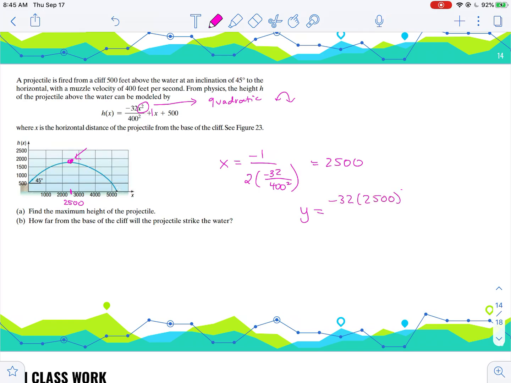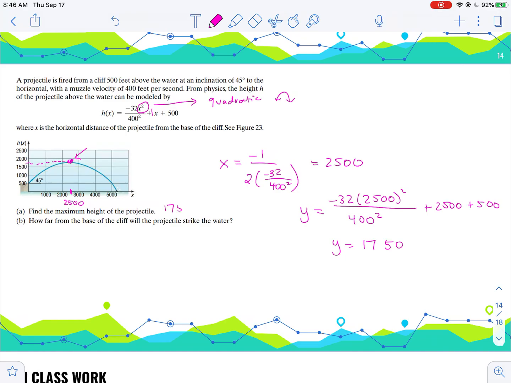And then remember to find the y coordinate, once you have x, you're just going to plug it back in. So it's going to be negative 32 times 2,500 squared over 400 squared plus x, which is 2,500, plus 500. So negative 32 times 2,500 squared, divided by 400 squared, then add 2,500 and add 500, and I get the y value of the vertex is 1,750.